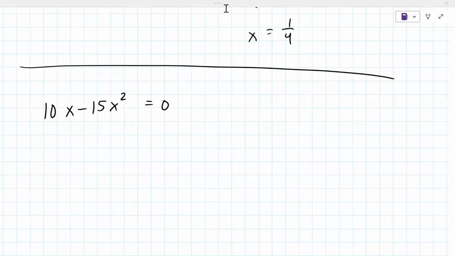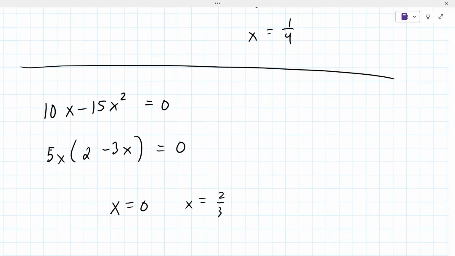Is it x equals 0, x equals 2 over 3? You seem uncertain about that. A little bit of hesitation there. 2 minus 3x. Is that what you had inside parentheses? Yeah. Okay. It is definitely x equals 0, and then x equals 2/3.